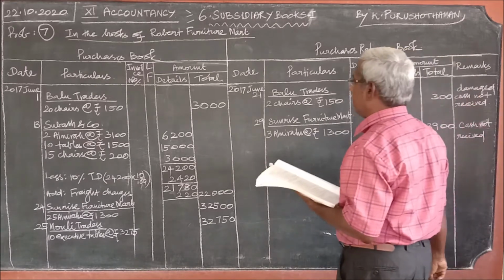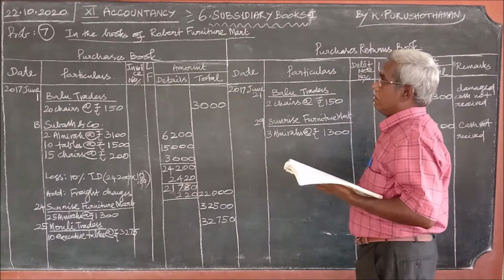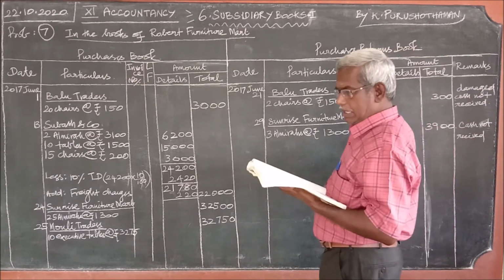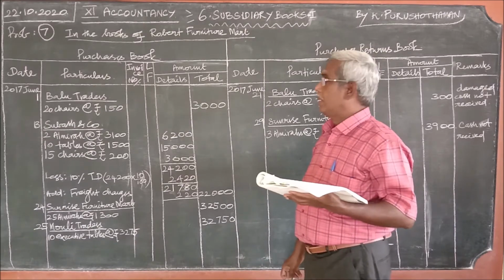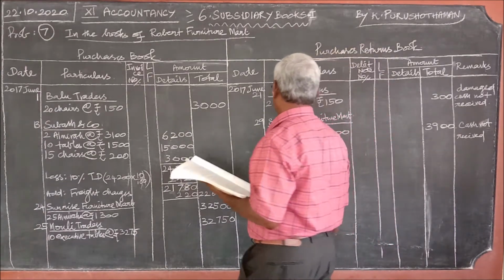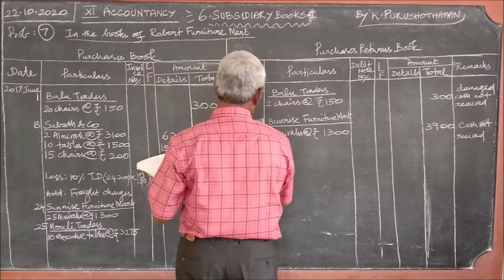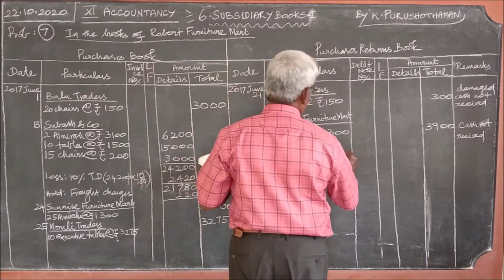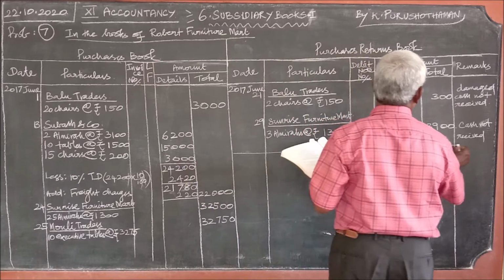So we have attended all the items, and therefore we can find the total of the purchases return book.